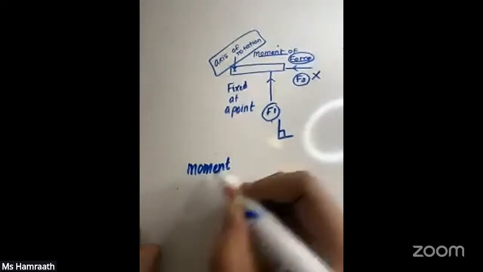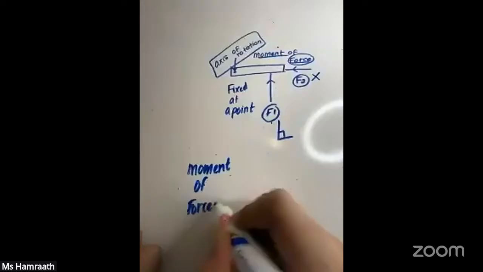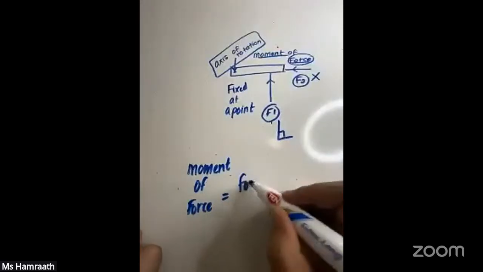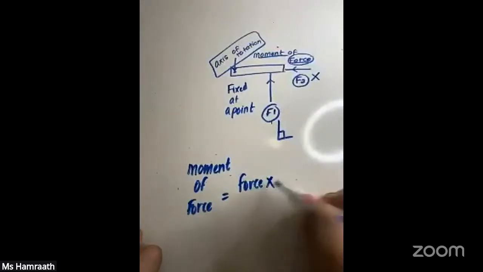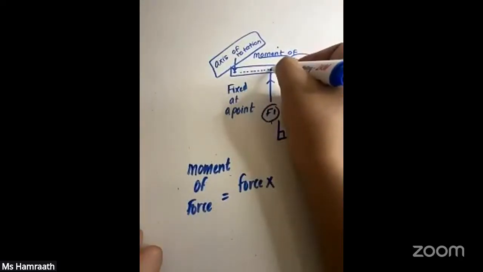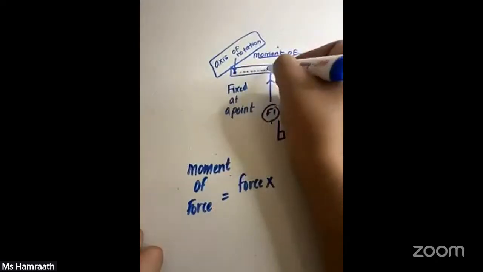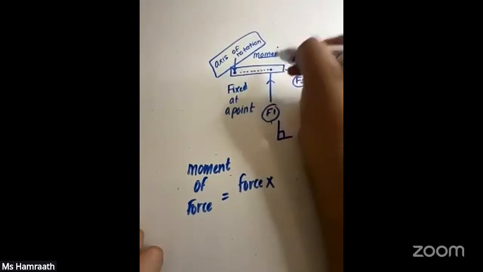So therefore, we got an equation for the moment of force. Moment of force is equal to force into perpendicular distance. That means the point where you apply the force to the point of the axis of rotation, from these two, the gap we call distance.